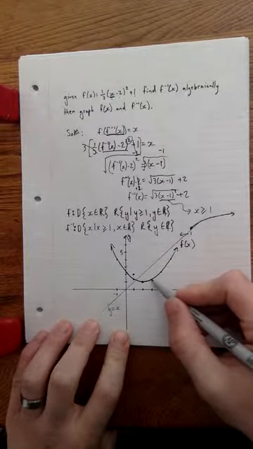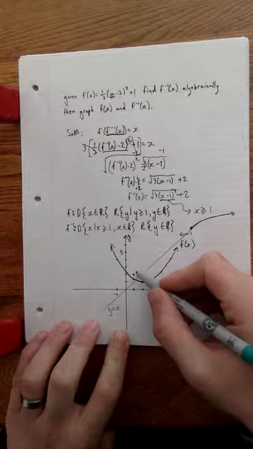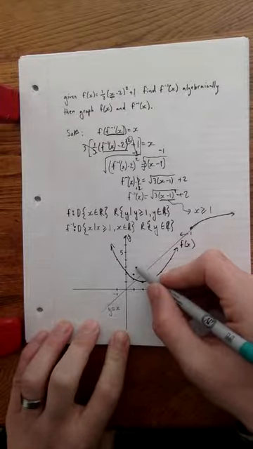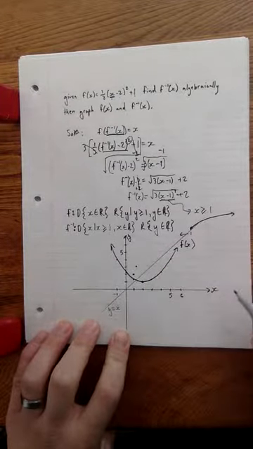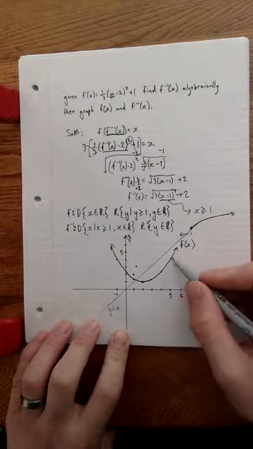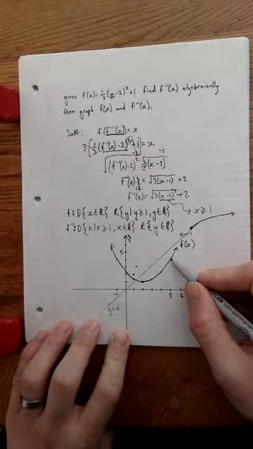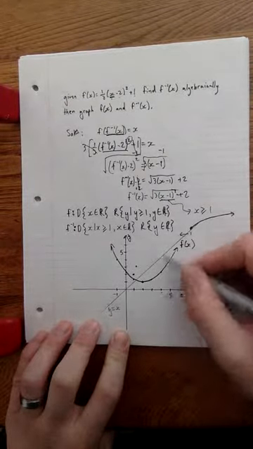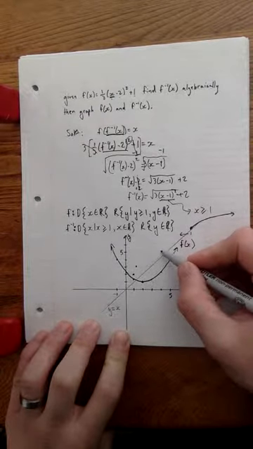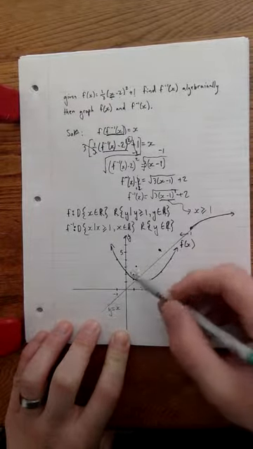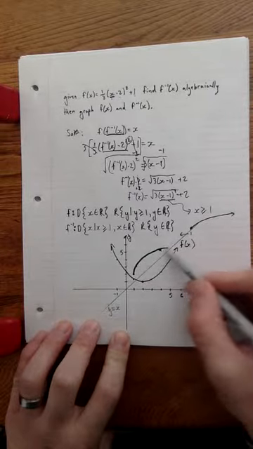And this point at 3 and 1 1/3 would reflect to 1 1/3 and 3. And this point at 5 and 4 would reflect to 4 and 5. And we would end up getting that portion.